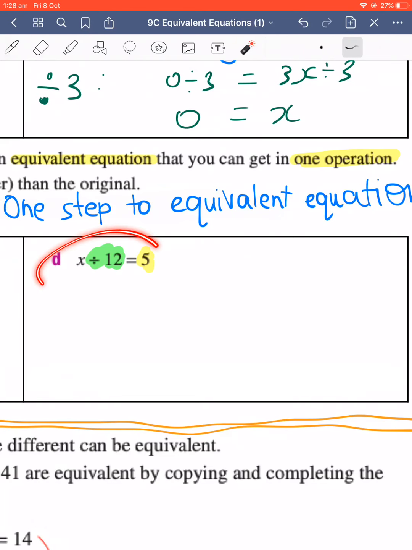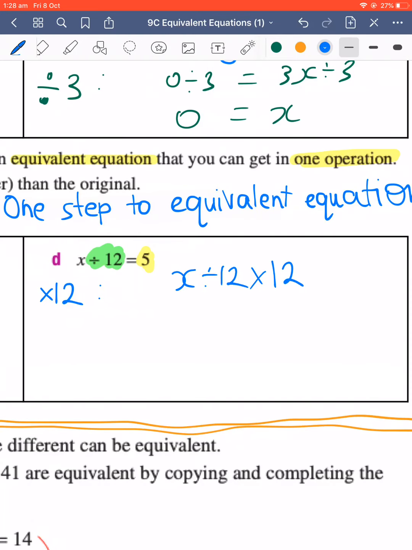So, next one I've got here. I've got 5 on one side. I'm not going to do much with that. And I've got to divide on this side. So, easiest thing I can actually do would be to multiply. So let's have a go at doing that and see if we end up with something that is smaller. So if I try to multiply by 12, so x divided by 12, then multiply by 12 equals 5 times 12.